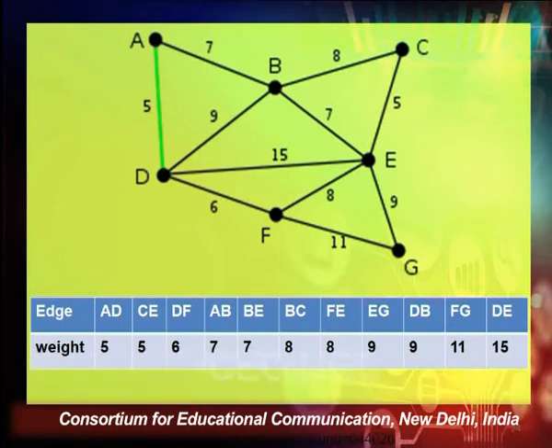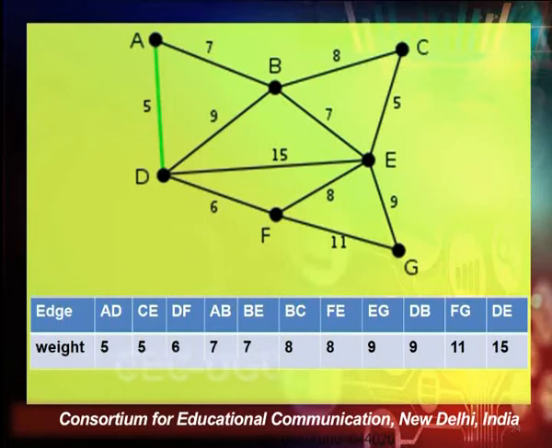So the moment we introduce the EF edge here, it will result in a cycle. So definitely we are not going to consider this, because we are looking for a minimum spanning tree. It has to be acyclic, and in order to make it acyclic we have to avoid a cycle. So FE we are not going to include.